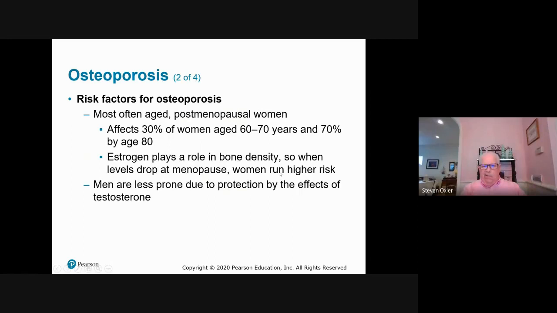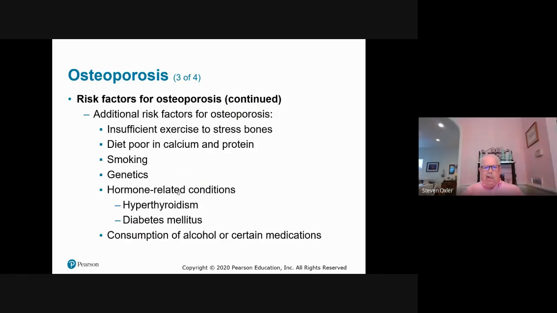It's very uncommon in men because testosterone protects against osteoporosis effects in men. Okay? A poor diet in calcium or protein, insufficient exercise, smoking is always bad, inherited by genetics, or other conditions like diabetes or hyperthyroidism, or certain medicines and alcohol.